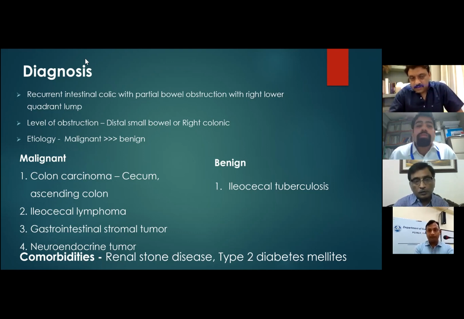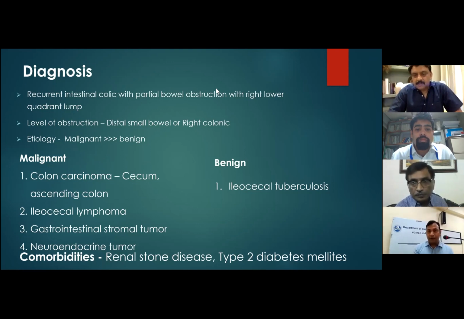So as a diagnosis, would you keep a recurrent partial intestinal obstruction with a right lower quadrant lump? I would prefer recurrent partial bowel obstruction, because partial bowel obstructions are usually recurrent. So this could be recurrent intestinal colic due to recurrent partial bowel obstruction. Yes. Okay, go ahead.